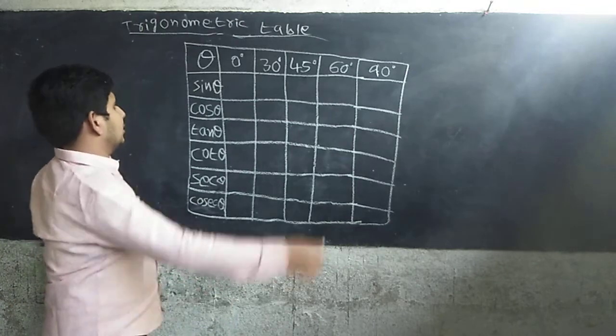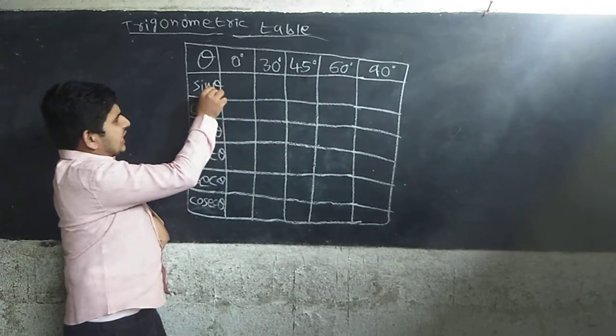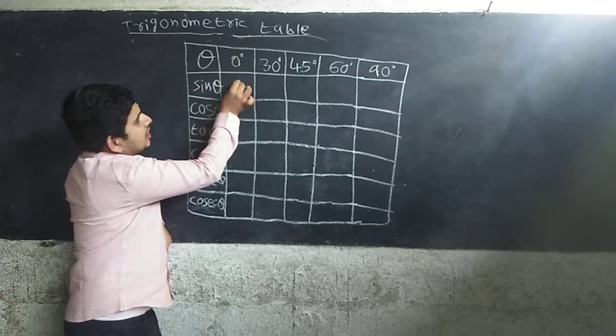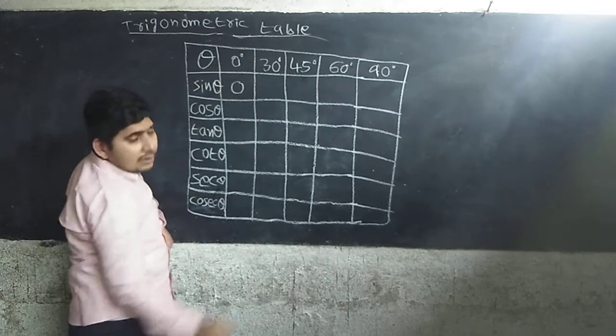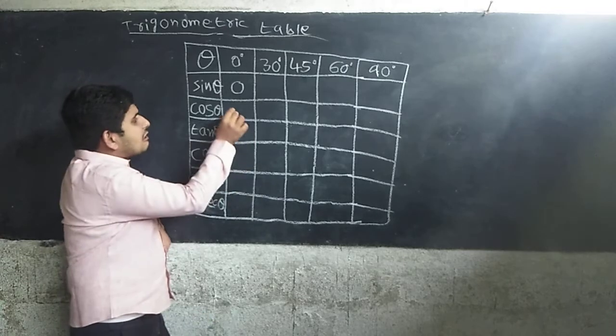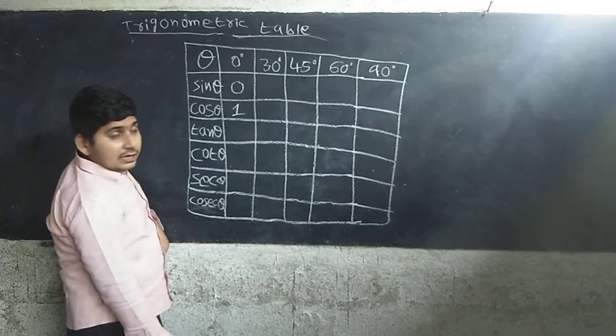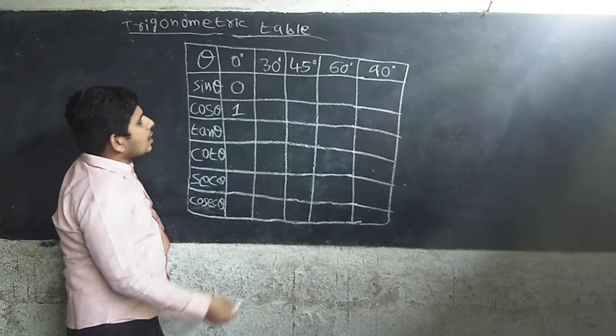Now sin theta, theta equal to 0. So sin 0 equals 0. Cos 0 equals 1.